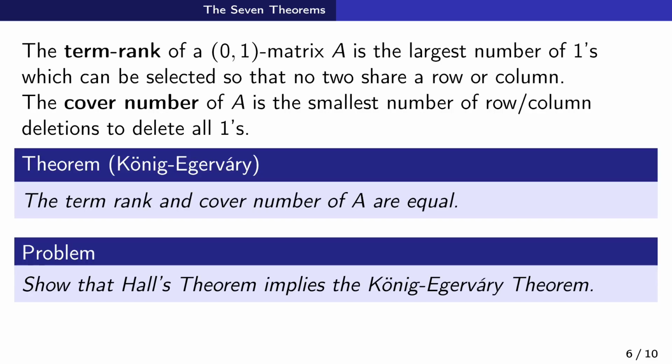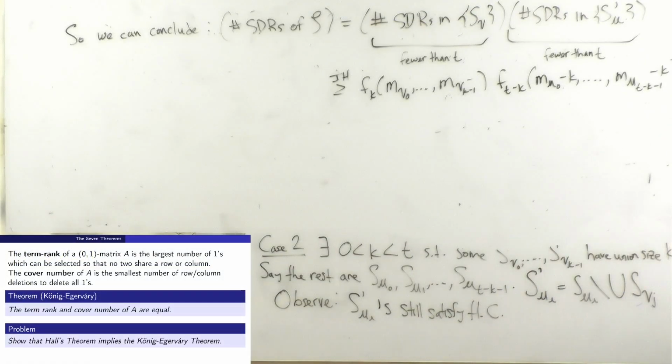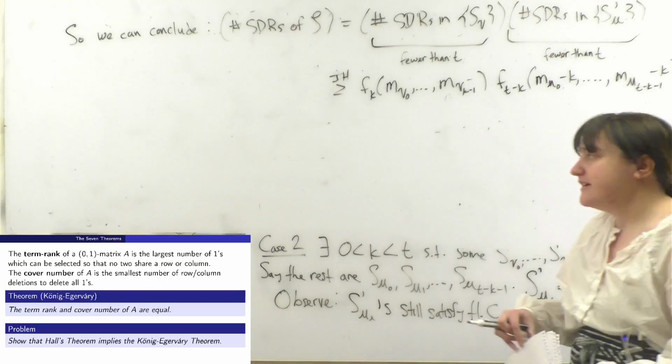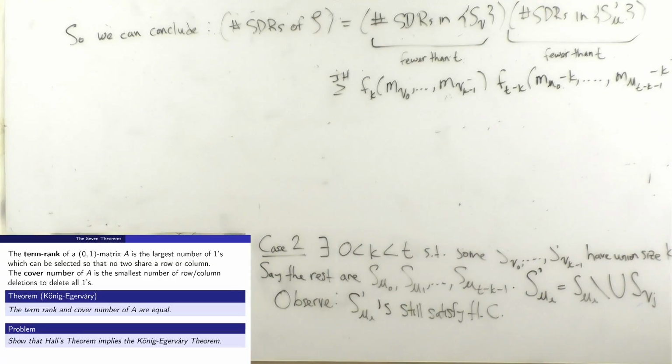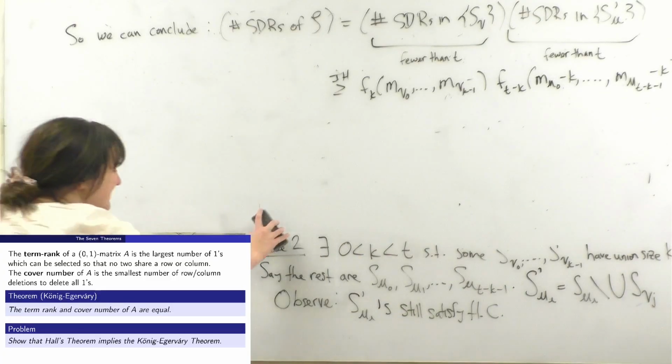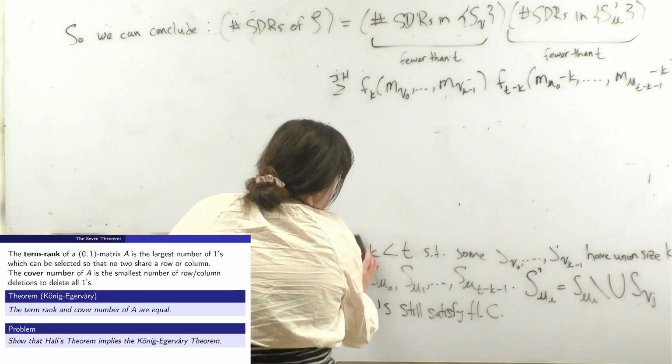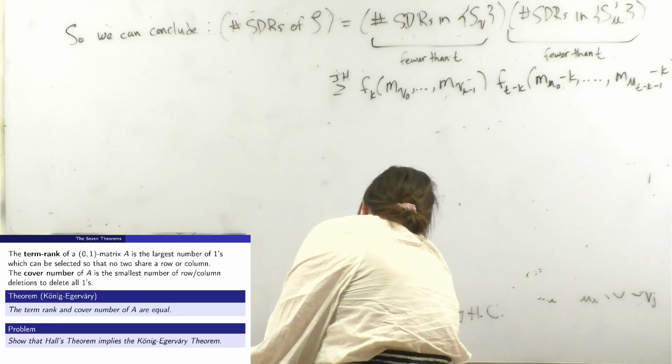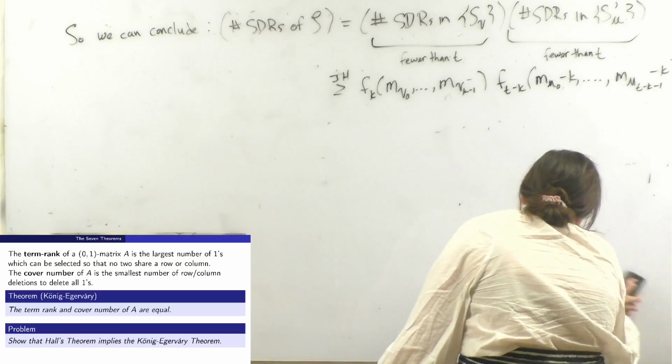And the cover number of my matrix is the smallest number of row or column deletions I need to make to get a possibly square, possibly rectangular matrix that only has zeros in it. Okay, and we want to show that if we have Hall's theorem, then I can convert that into showing that the Koenig-Egervary theorem is true.